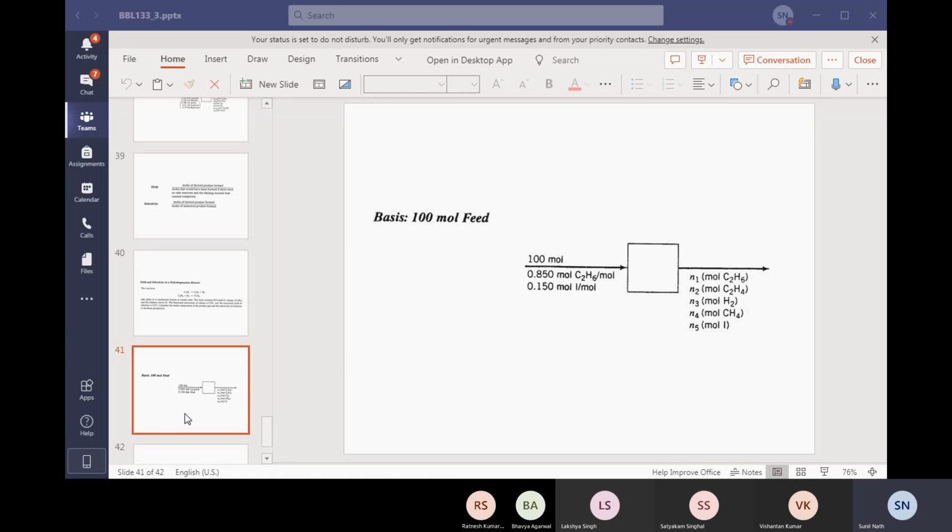You know how to do it for a simple case like you did today. Now we are going to add some more streams such as recycle to it, and have a reaction and combustion reactions, and then again calculate all of these things. Let's see if we can finish by next week. That would be very nice.